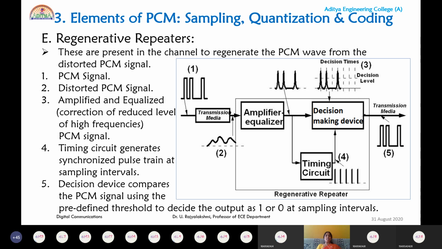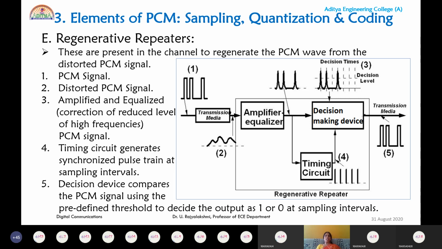Now that distorted PCM signal, you can observe at the position 2. The distorted PCM is strengthened by the amplifier section.